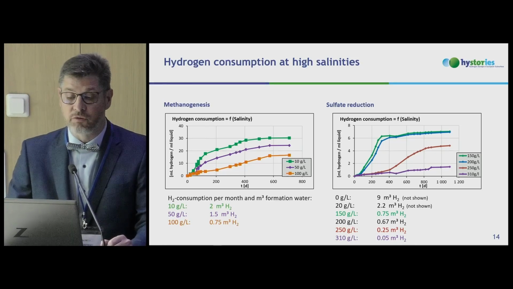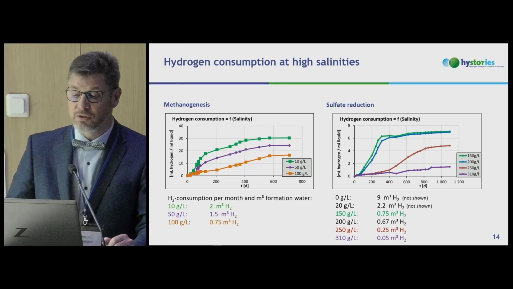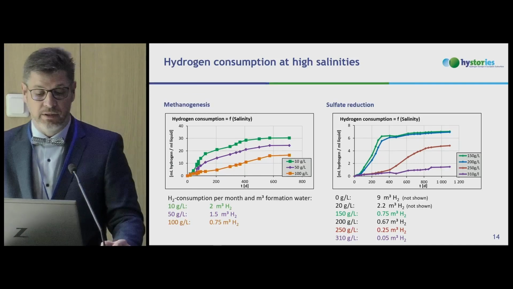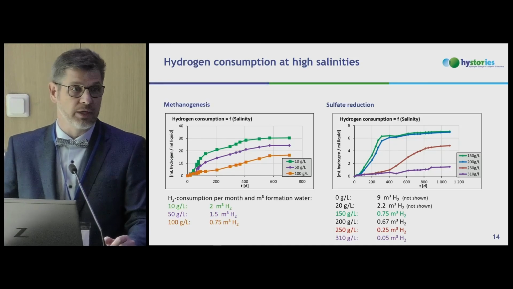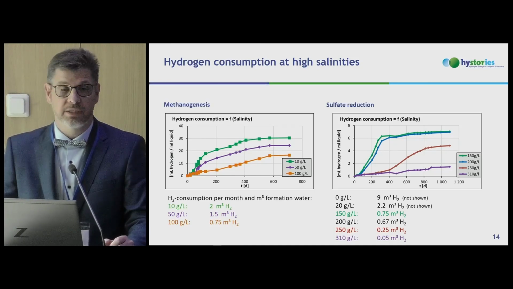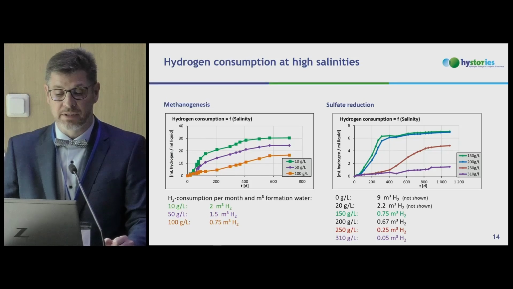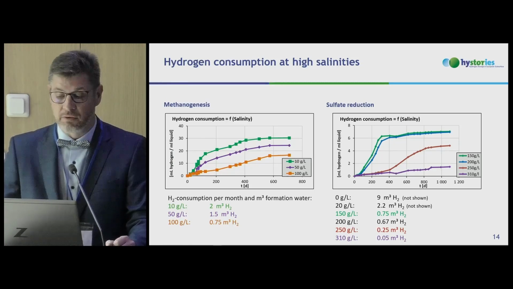The salinity of the formation water differs considerably from one reservoir to the other. Increasing sodium chloride concentration requires specific strategies of the microorganisms to maintain the osmotic balance of the bacterial cell. Saturated brine can only be colonized by extremely halophilic organisms.